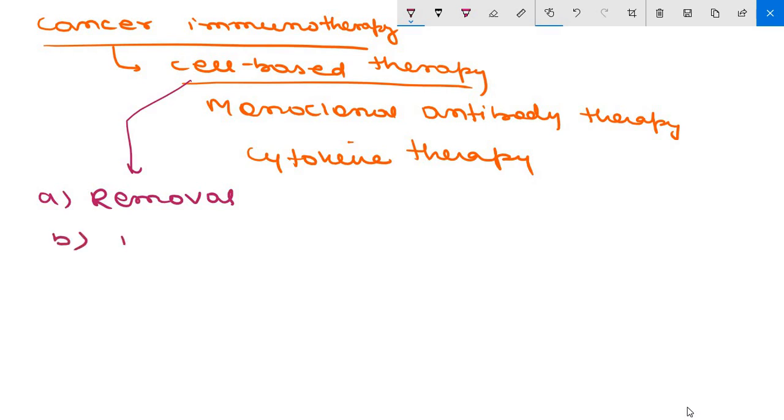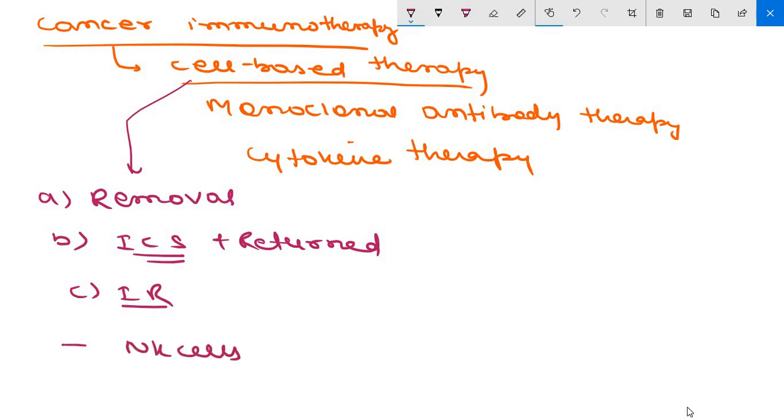Then immune cells specific for the tumor will be activated, grown and returned to the person with cancer. After that, the immune cells provoke an immune response against the cancer. Clear?